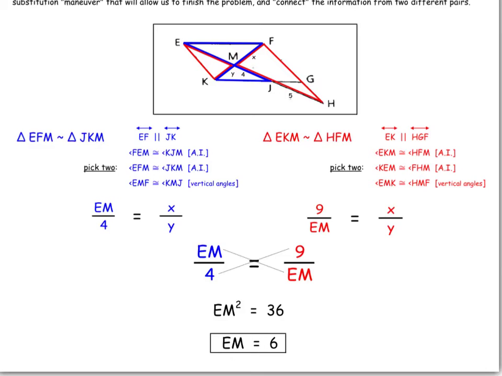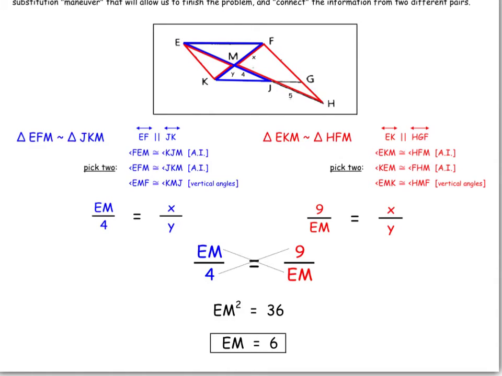Either way, you have similar triangles, and the corresponding parts give you that EM over 4. EM is corresponding to 4, and X is corresponding to Y. Because of the alternate interior nature of the problem, there's always a twist to the corresponding parts.